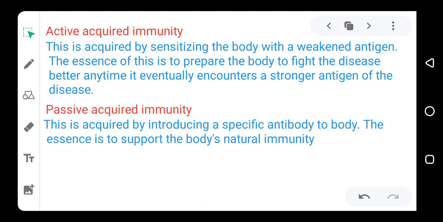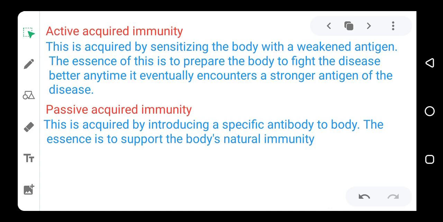Now, what is an active acquired immunity and what is a passive acquired immunity? An active acquired immunity is done by sensitizing the body with a weak antigen, that is the enemy.